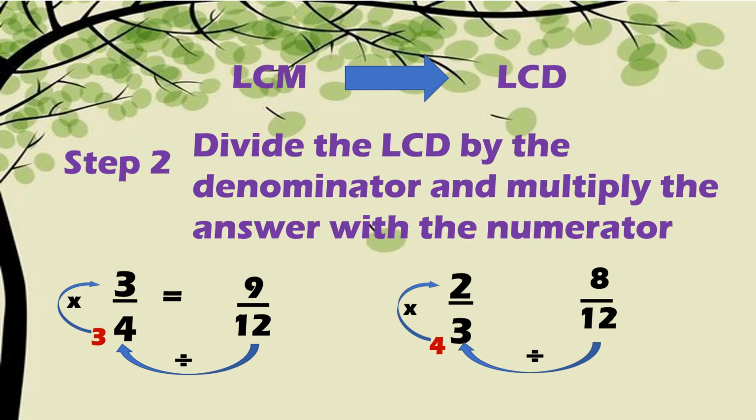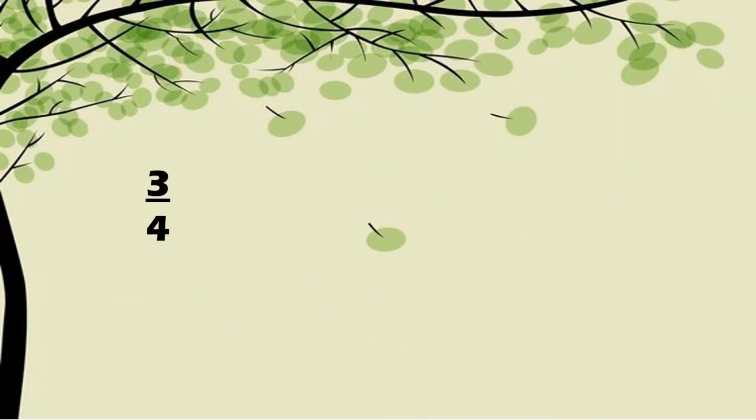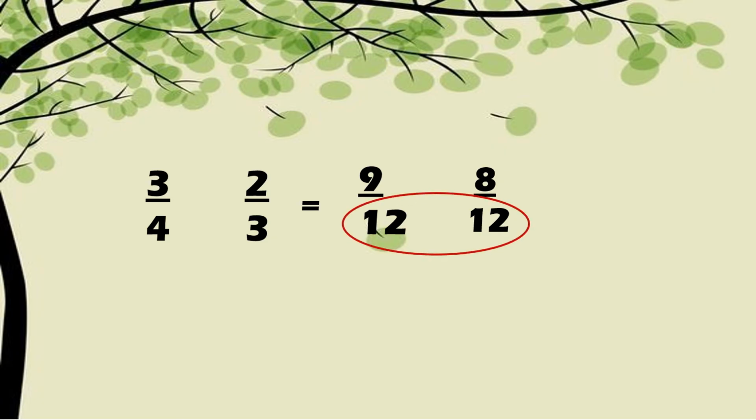Therefore, 2/3 is equal to 8/12. 3/4 and 2/3 is the same as 9/12 and 8/12. They are now similar because the denominators are the same.